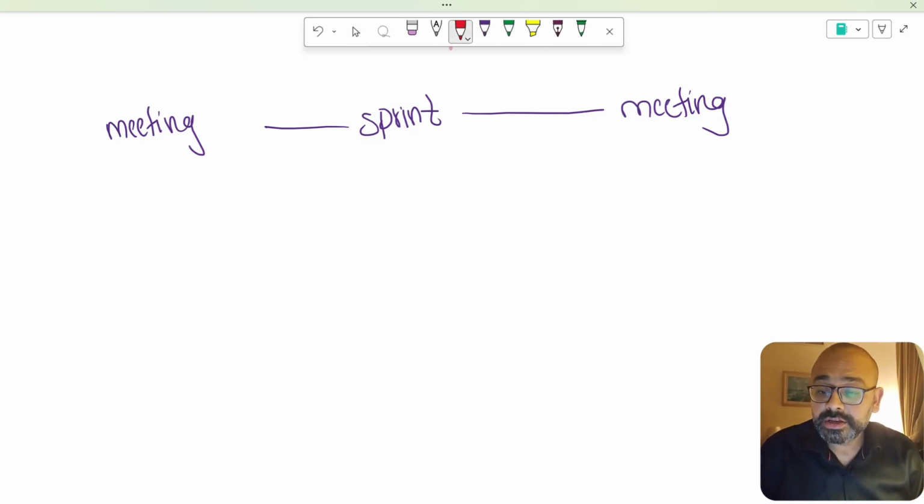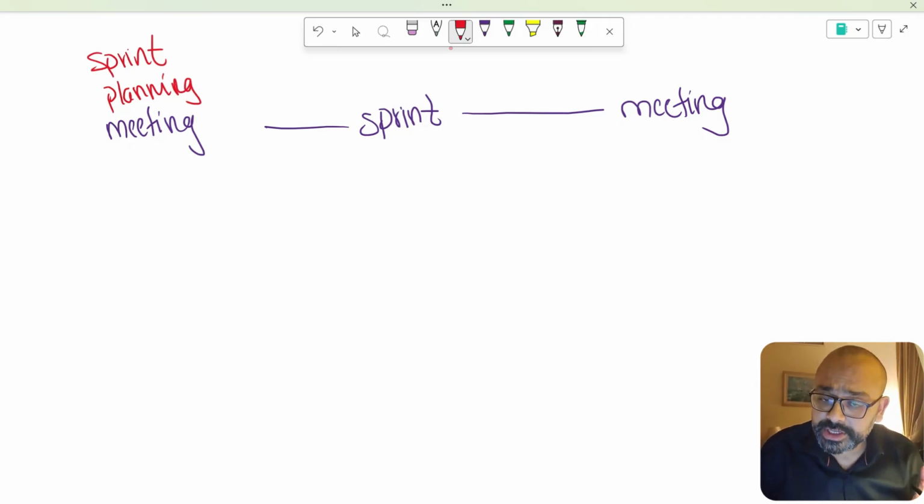Since we are at the beginning of the sprint, the first meeting we call a planning meeting. Since we are planning the sprint, it's called the sprint planning meeting. Or if you are using the word iteration, it is the iteration planning meeting. The idea of this meeting is to plan what you are going to do in the next sprint. Simple as that.